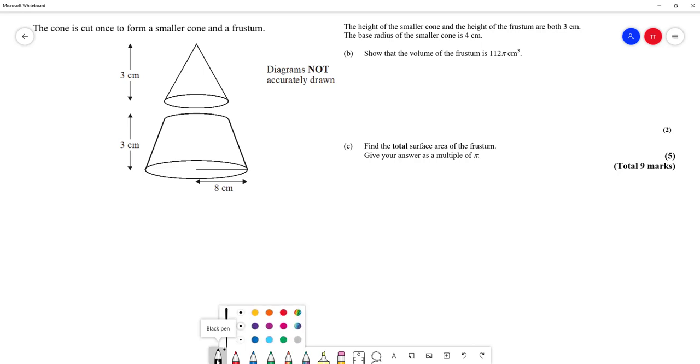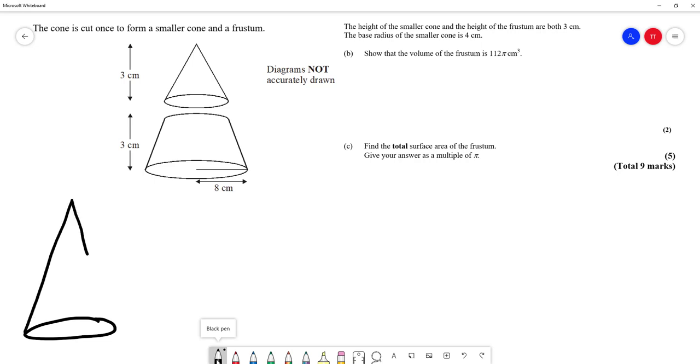So let's start off by drawing the larger cone out first. So I've got the large cone here. It has a radius of 8 centimeters and a perpendicular height of 6 centimeters.